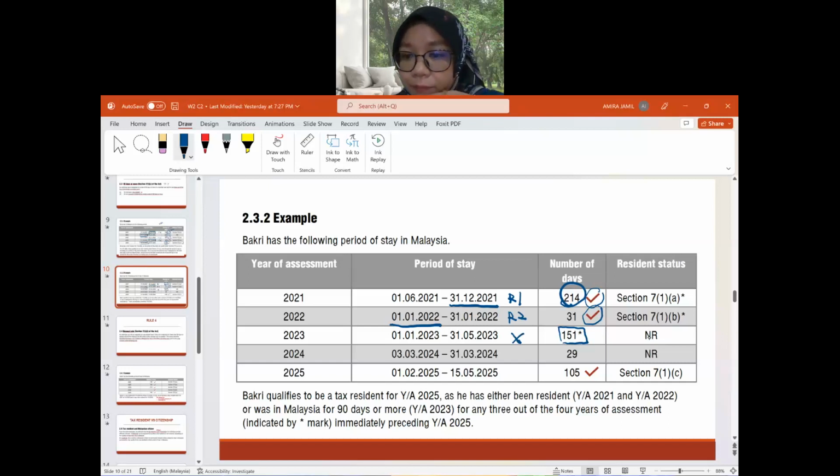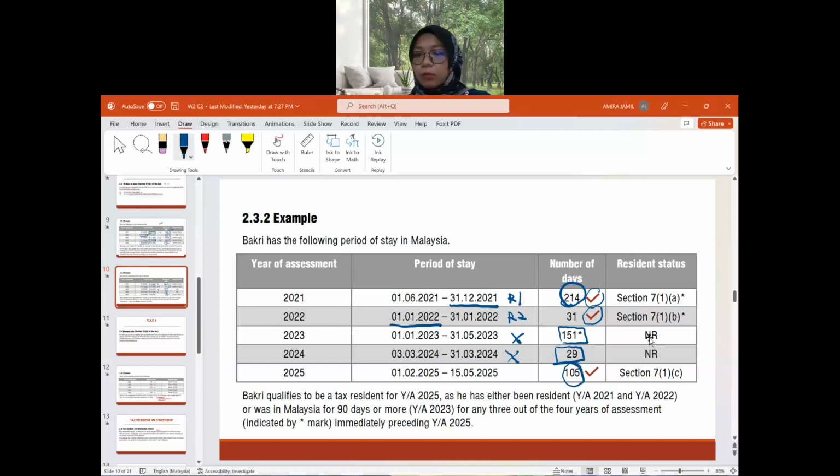Okay, this one is less than 90, but also cannot be considered as a tax resident. Okay, and what about this one?